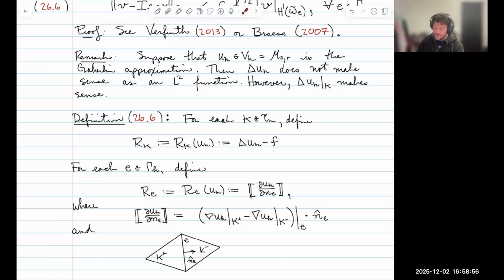What I mean by this is we're taking this function here, which is either piecewise linear or piecewise quadratic, and I'm computing the Laplacian of that. If I take a piecewise linear function and compute the Laplacian, what do I get? If I take the gradient, I get a bunch of piecewise constants.